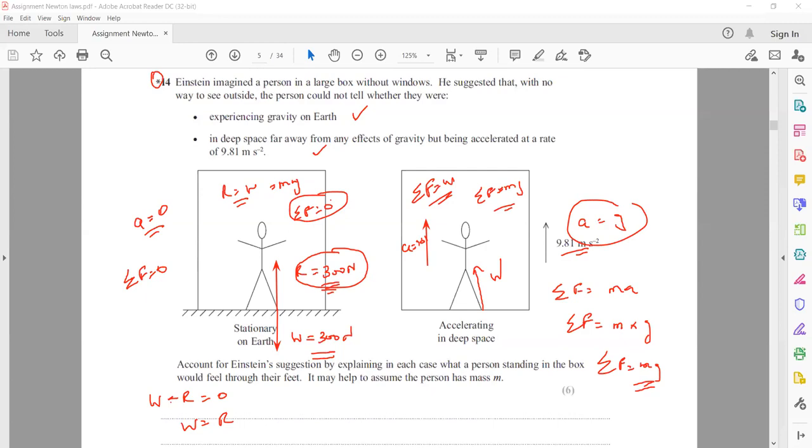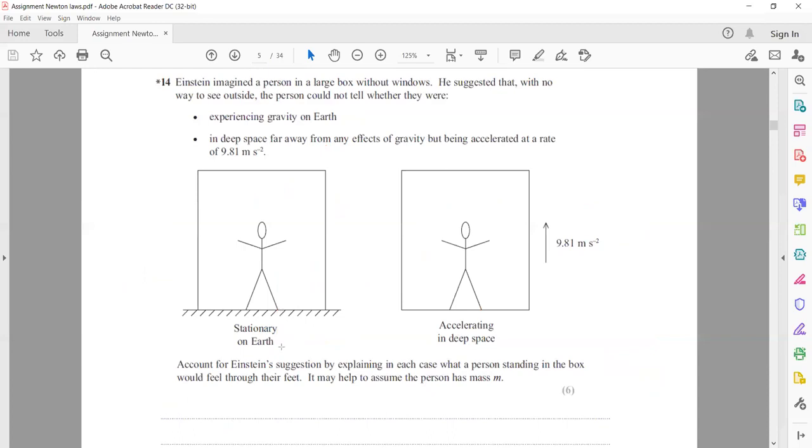So I'll repeat in short. Basically, a person on the earth has his weight acting downward, so the surface applies an upward force. The resultant is zero, but the upward force is equal to his weight. But for a person inside a box accelerating at the acceleration due to gravity, there is no downward force, but the resultant force is equal to ma, and because he's accelerating, the resultant force is equal to mg, and mg is equal to weight.